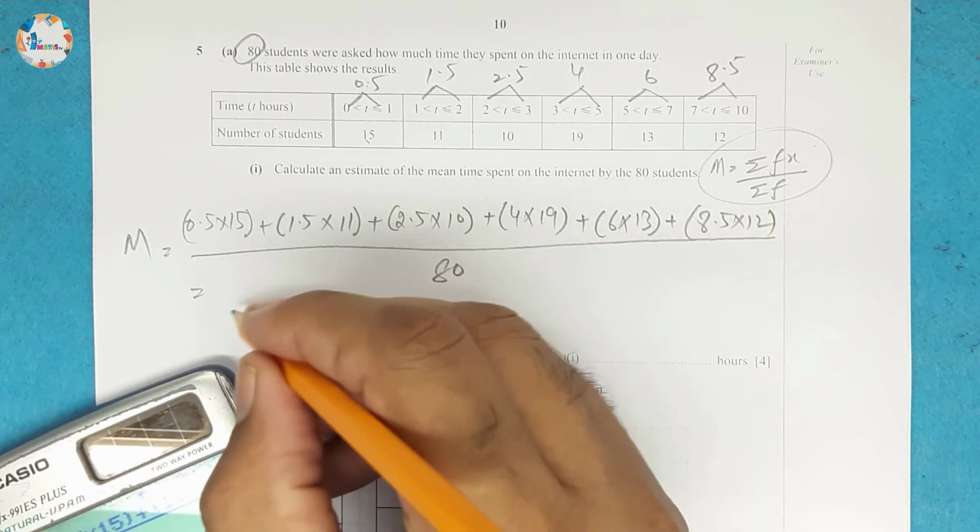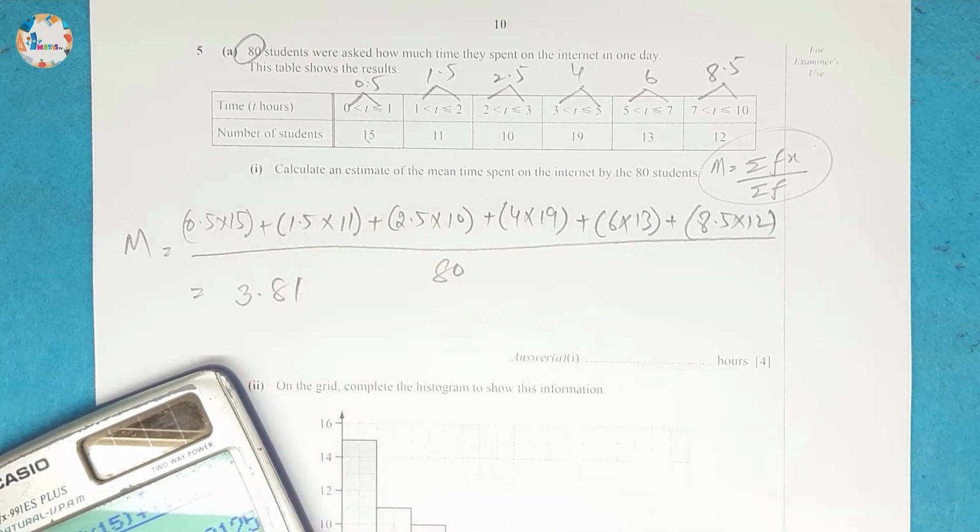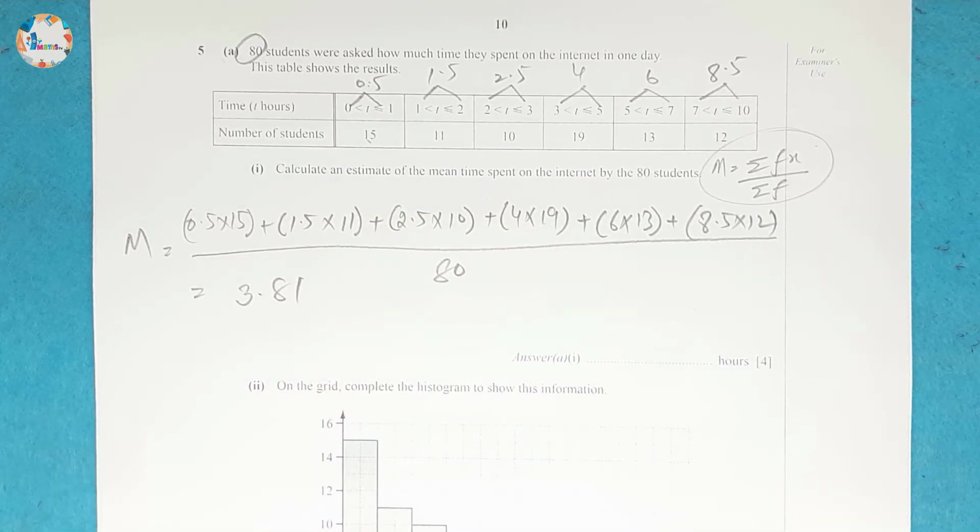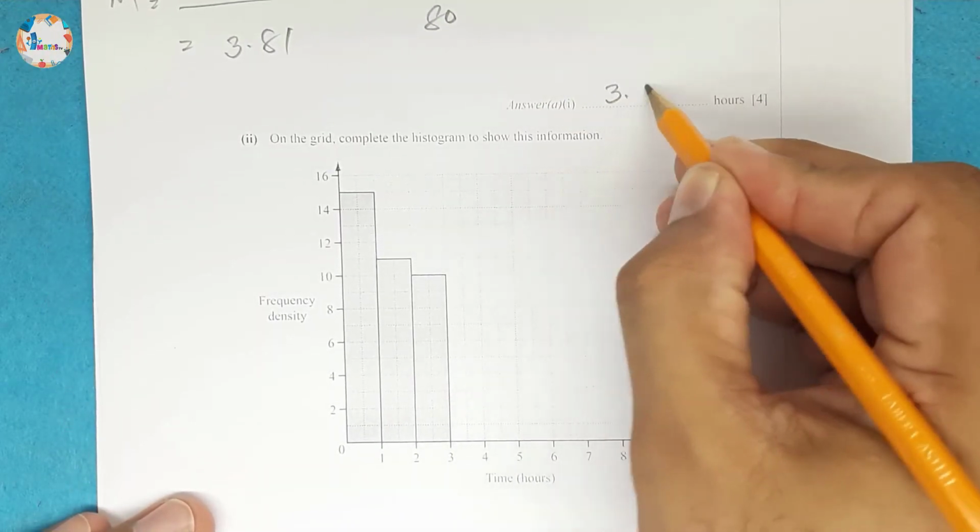So we can write 3.81 as our answer. To 3 significant figures we can provide 3.81.